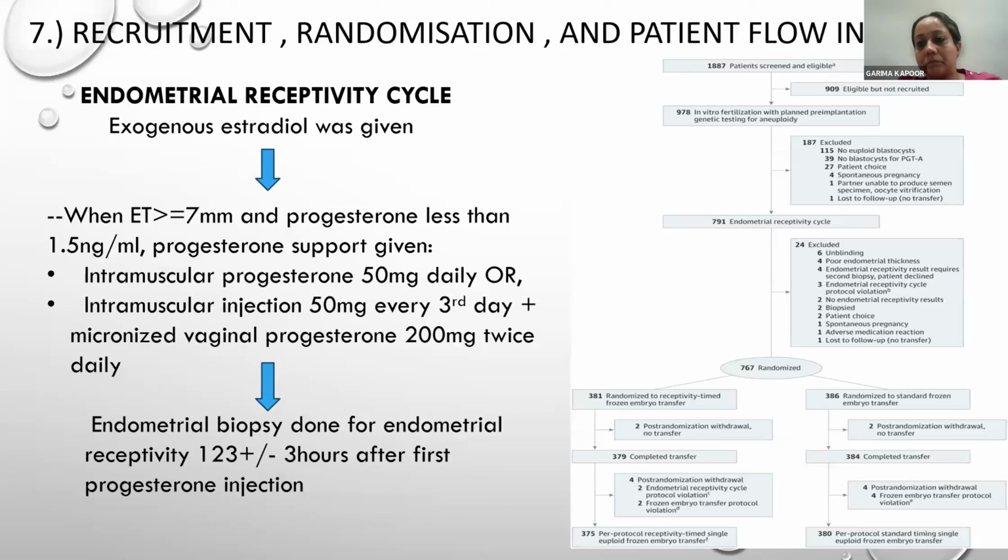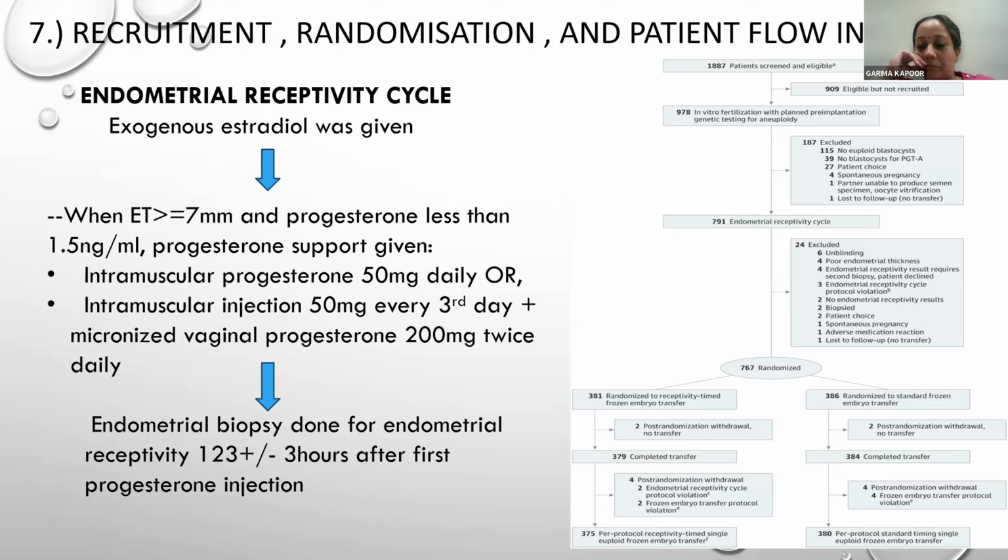So this is the chart showing the recruitment, the randomization, and the patient flow in the study. A total of 1887 patients were screened for eligibility, and on the basis of the eligibility criteria 909 participants were not recruited. Finally 978 participants were recruited, and they underwent in vitro fertilization and pre-implantation genetic testing for aneuploidy.